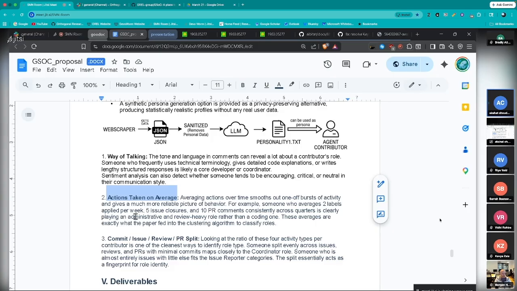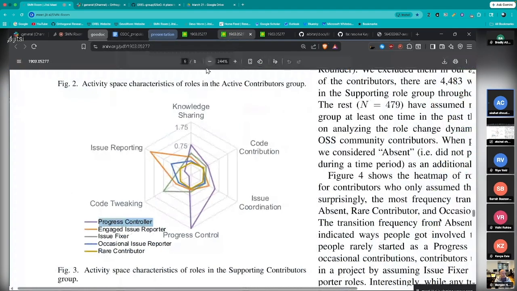We can model it through that. And finally, the role part I talked about, we can predict it through commit, issue, review and PR split. A person who is opening more issues is obviously focused on issues, so he is either an engaged issue reporter or an occasional issue reporter.